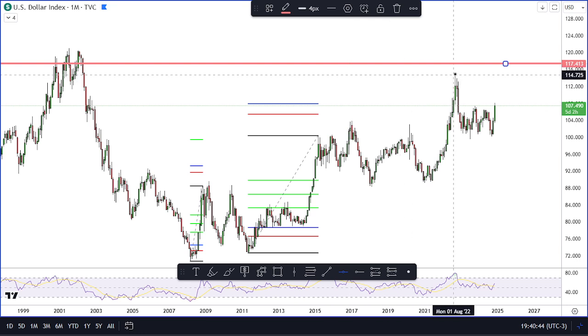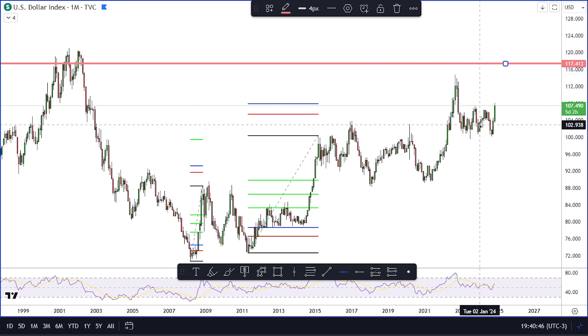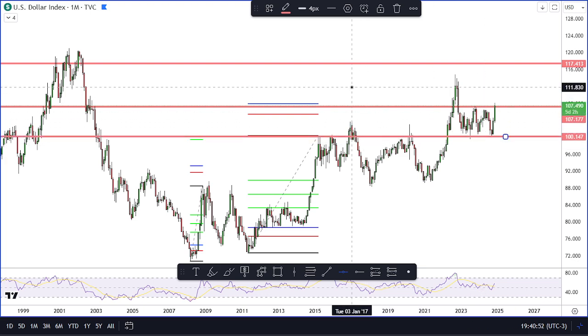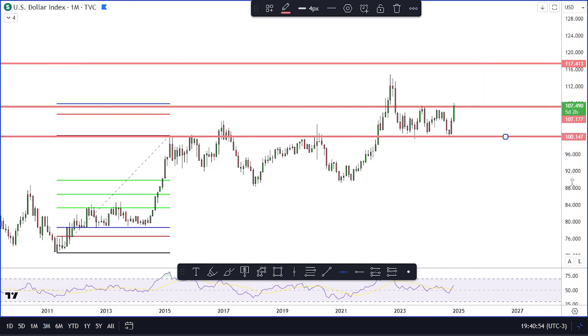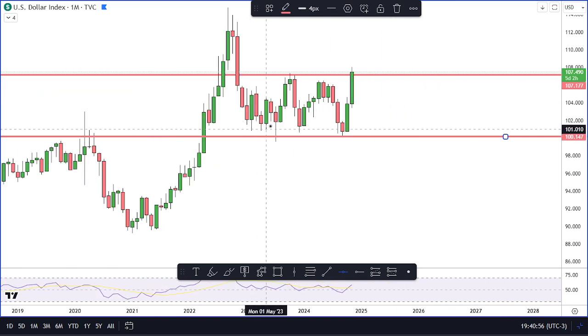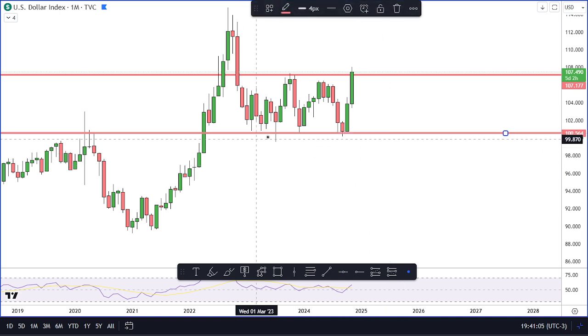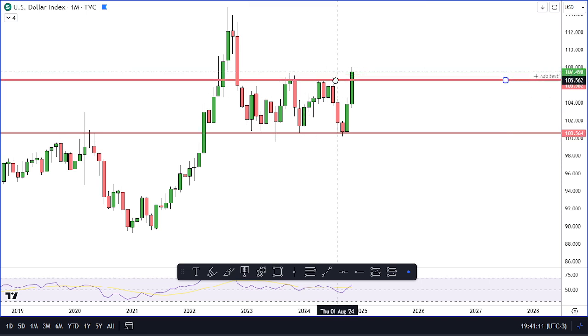Okay, so the market rejected at this level down, and it has been consolidating for some period of time now. As we can see right there, the market is inside the range. We have one touch, two touch, three.